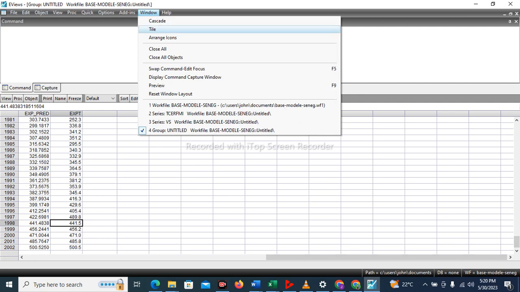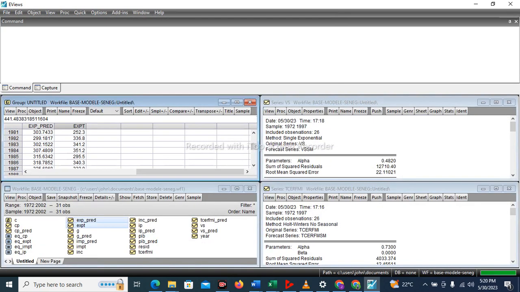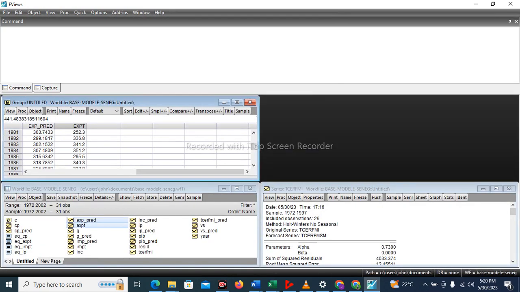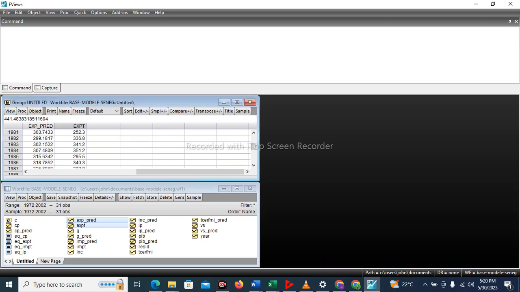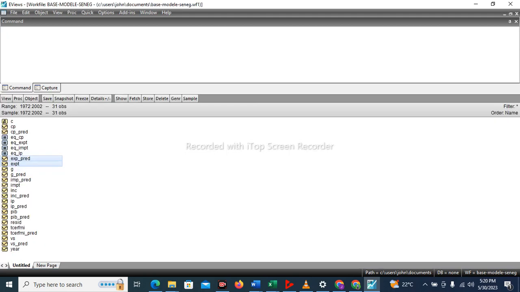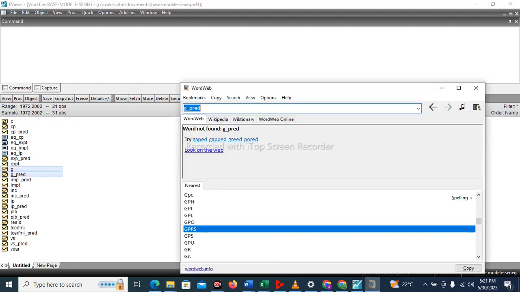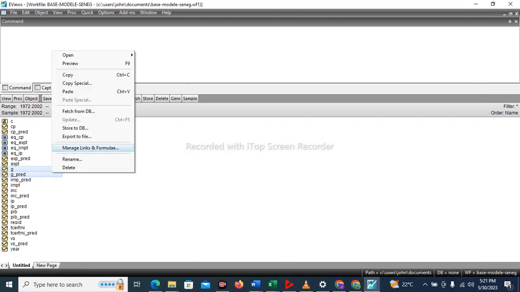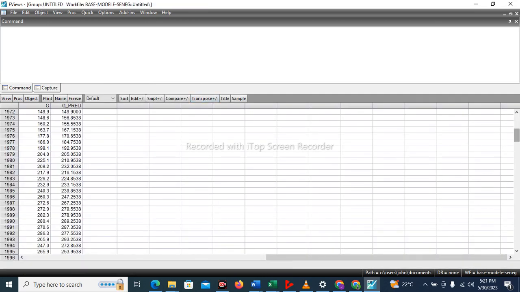Then you move to the next one, let me close this. Then let's move to our public expenditure, sorry, is our next item. Open them as a group, then populate them, copy the data.